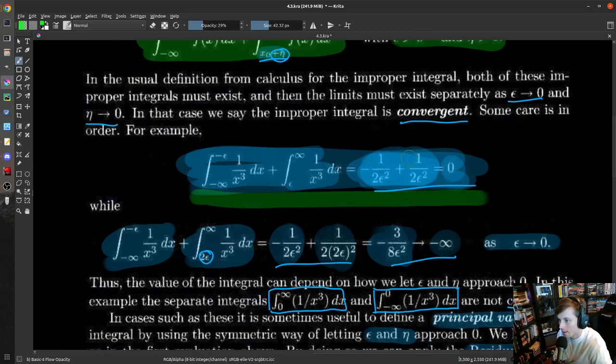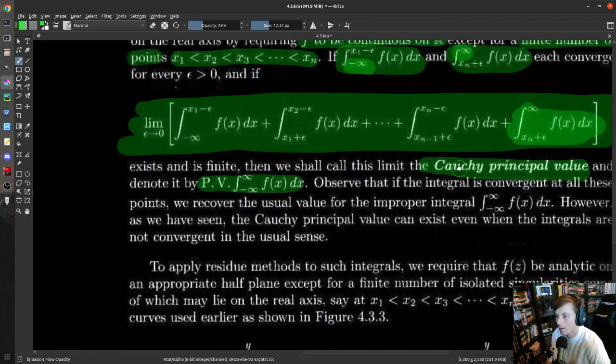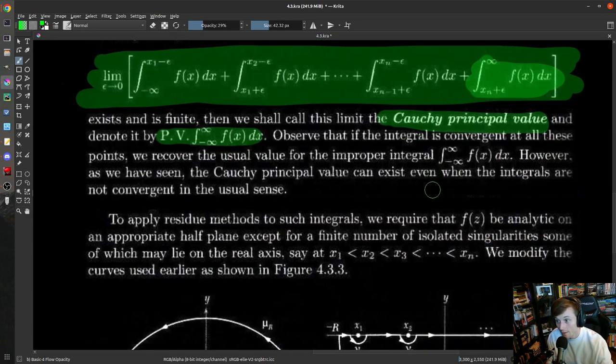The nice cancellation of doing it symmetrically gave us 0, while if we did it asymmetrically, either one of these chunks by themselves absolutely doesn't converge. And if you try to do it together asymmetrically, you can get weird stuff. But if you do it symmetrically, it works out nicely. Okay, cool. So that's the whole trick.